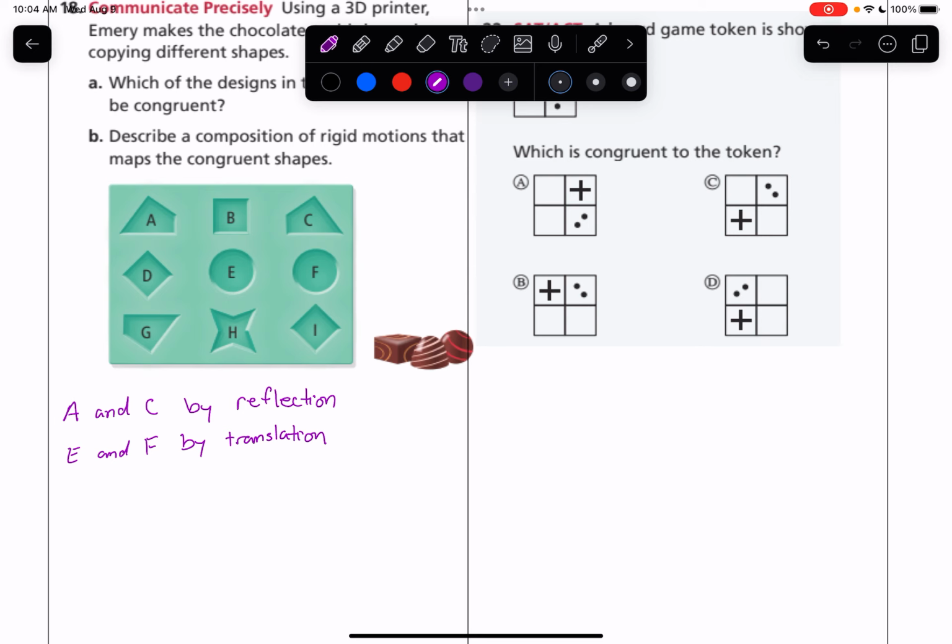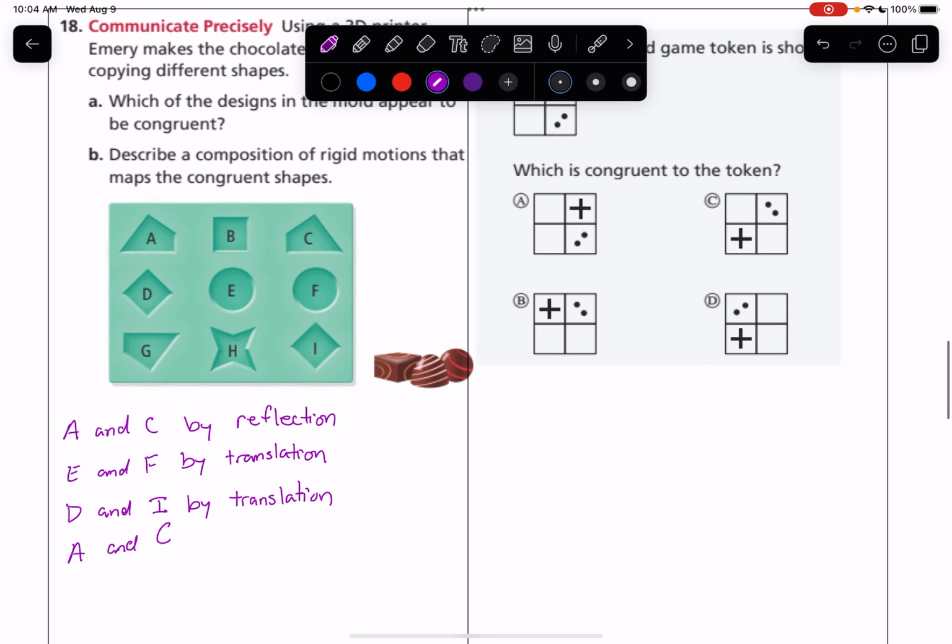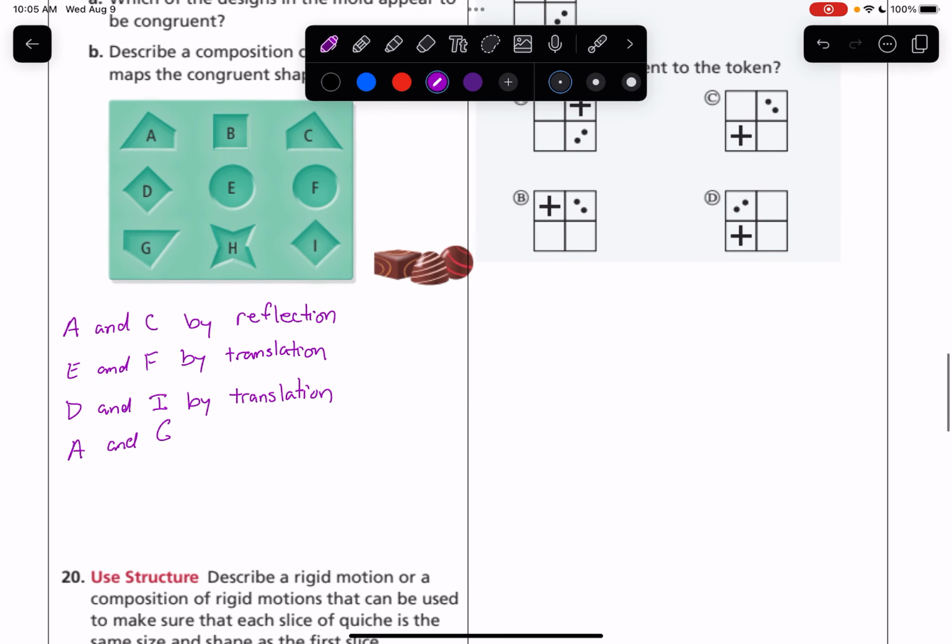D and I, said by translation as well. But there could also be a rotation through like right here that would cause D to rotate onto I. A and G, whoa, hold on a second.